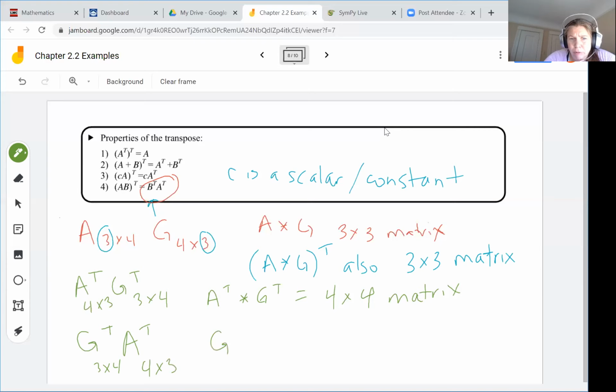So G transpose times A transpose is the 3x3 matrix that we're looking for. And you can write them out by hand and see how the actual values move and rotate through this process. So we see this 3x3 matrix ends up with the products in the right places that we're looking for.